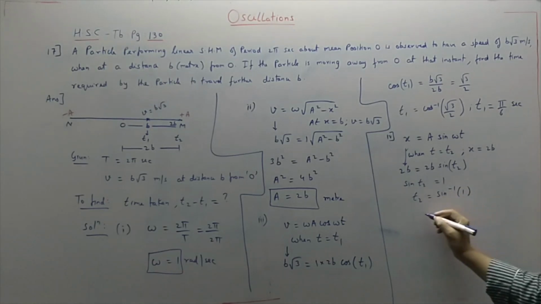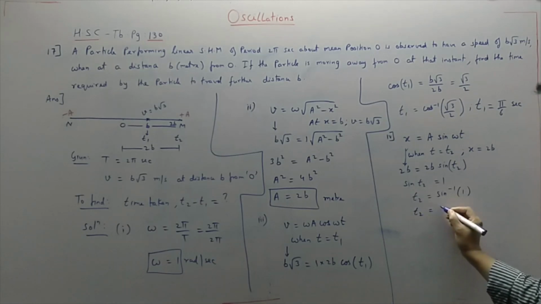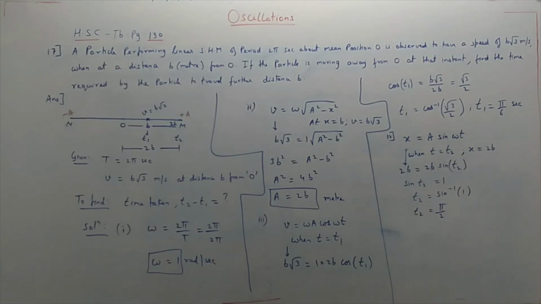So t2 is sine inverse of 1. Sine 90 is 1, so we get pi by 2. The time is pi by 2 seconds, in radians.